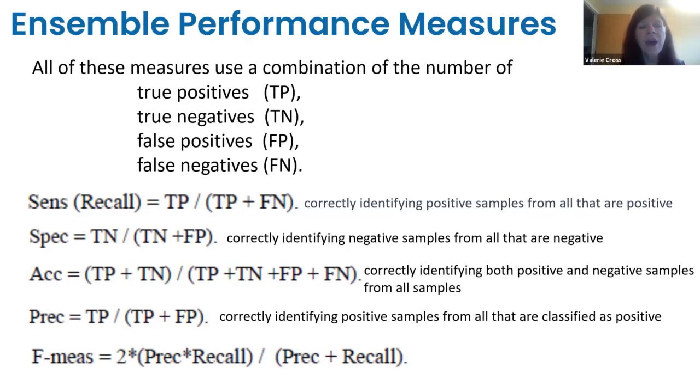Precision is about how many you said were positive over the true positive cases. And F measure is a combination of precision and recall, and it basically ignores the false negatives.